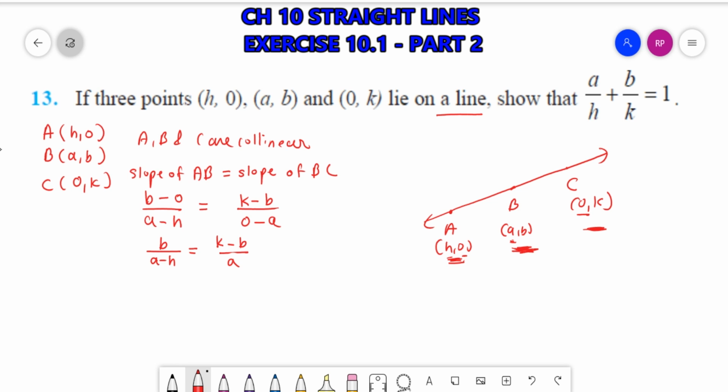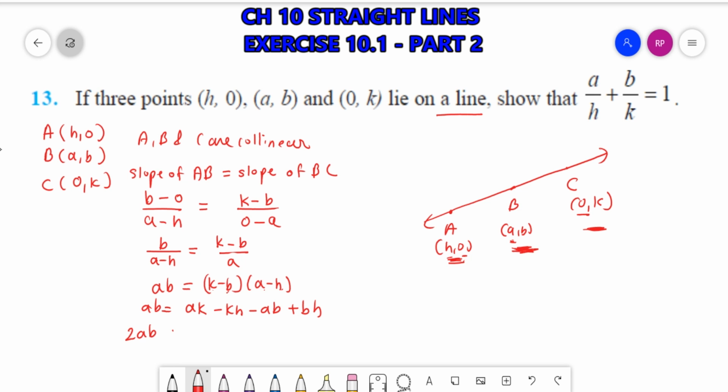So let's cross multiply it. Okay, so minus ab will be equal to (k minus b) into (a minus h). That is ak minus kh minus ab plus bh.